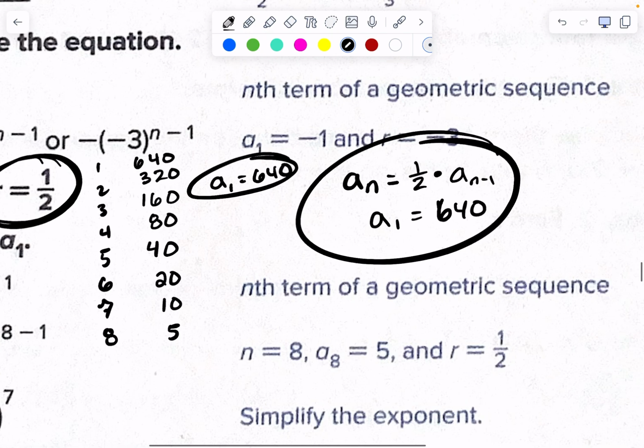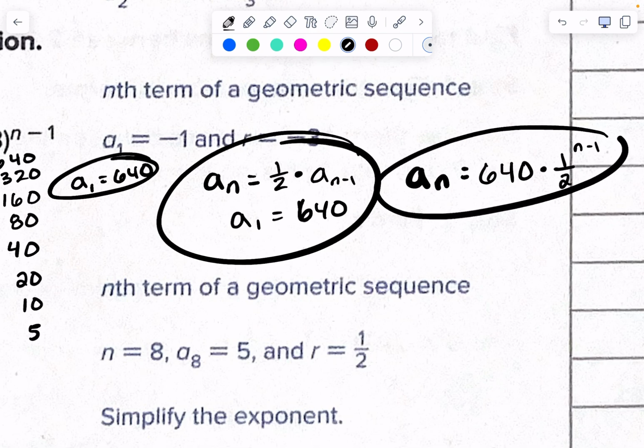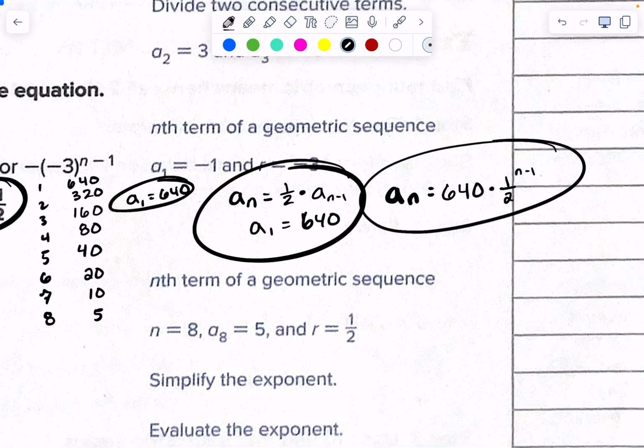That's my recursive. For explicit, A sub n is equal to A1, which is 640, times R to the n minus 1. This is my explicit. Got it? So you're just writing the equations for those.